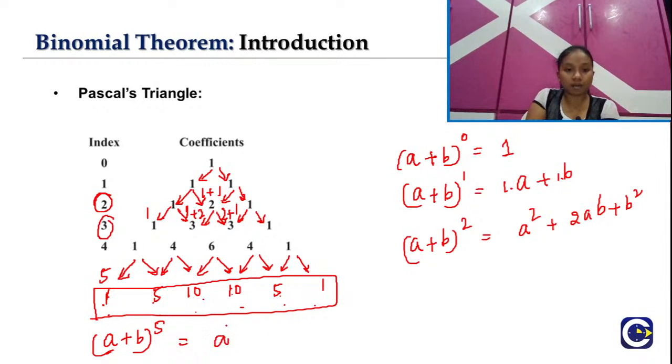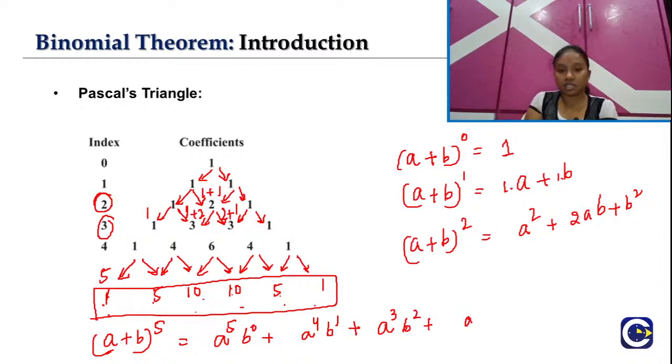So it will be a power 5, b power 0 plus a power 4, b power 1 plus a cube b square plus a square b cube plus a power 1 b power 4 plus a power 0 b power 5.